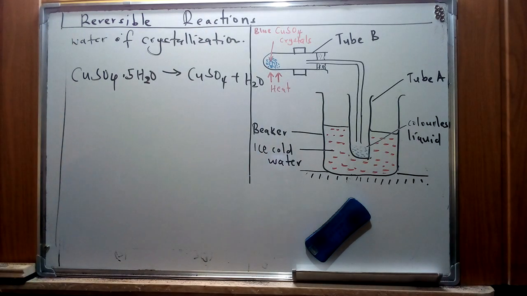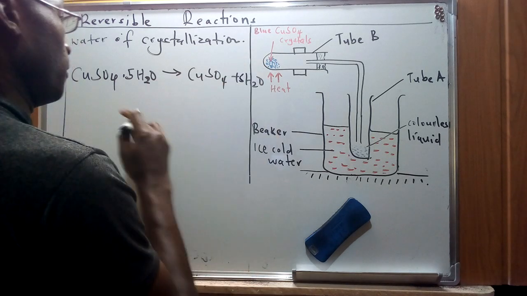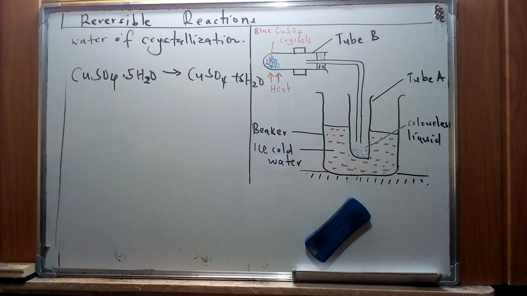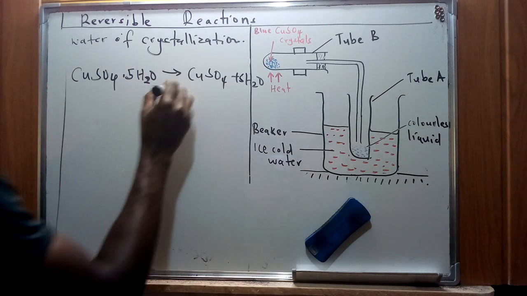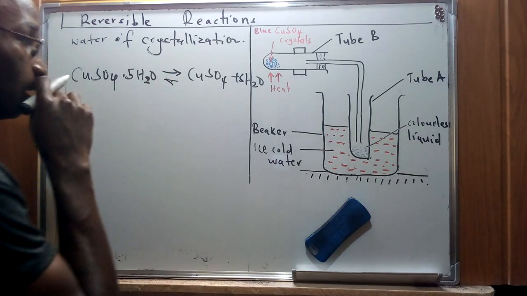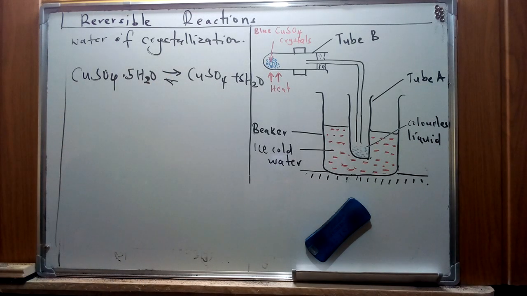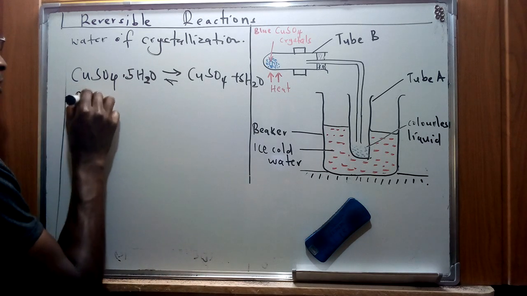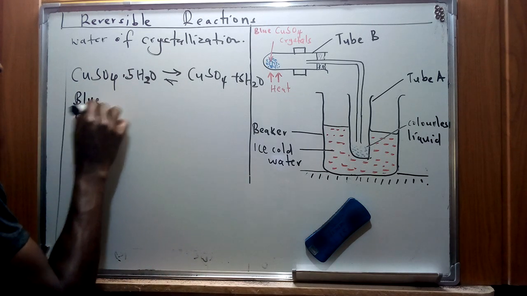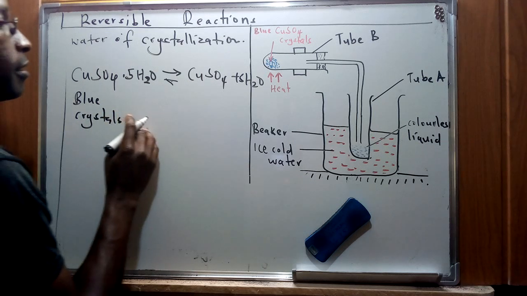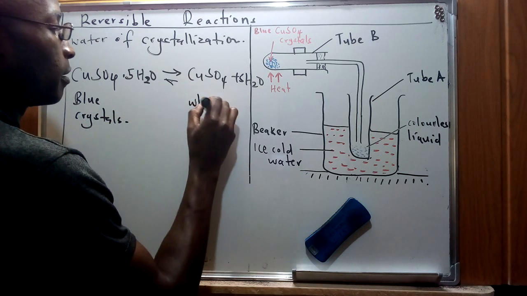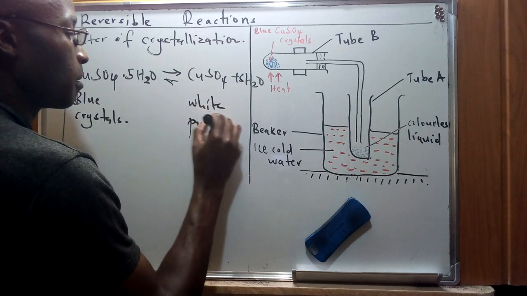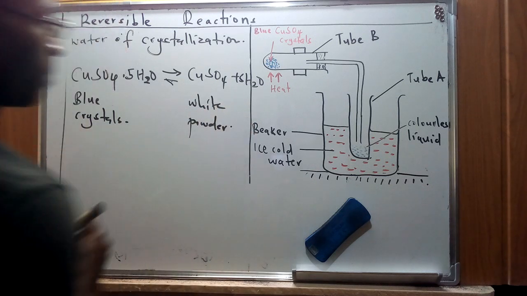So this water of crystallization is five molecules of water, forming those crystals, and the reaction is reversible. So if these are blue crystals, after heating, they will form a white powder, which is copper sulfate.